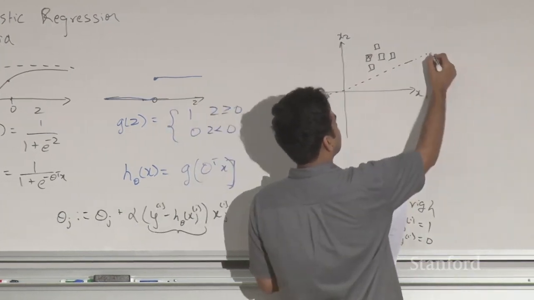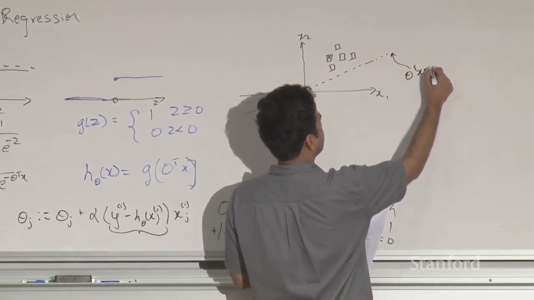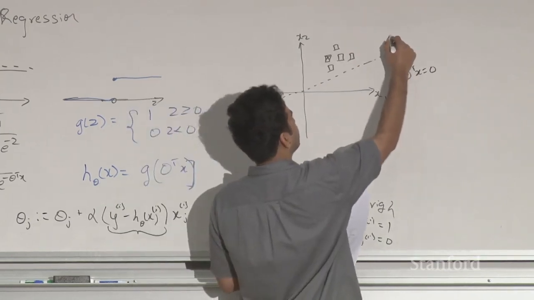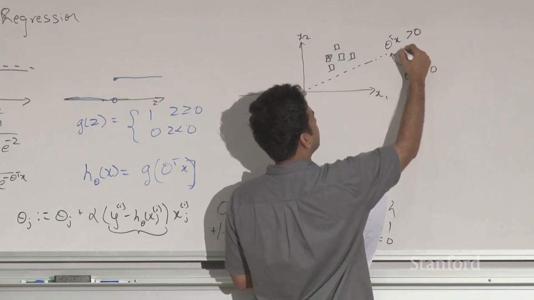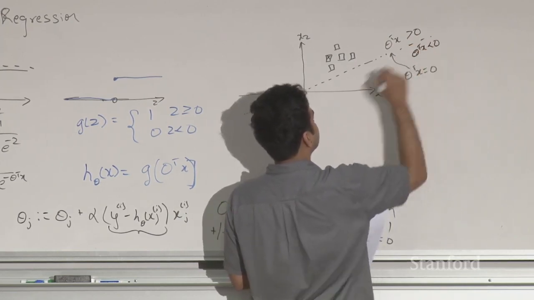This represents theta transpose x equals 0, and anything above is theta transpose x greater than 0, and anything below is theta transpose x less than 0.